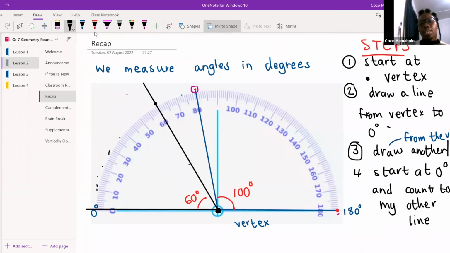So what we do when you're measuring it is pick any one of the lines. Maybe you want to start from this line over here, or from this line over here. What you need to do is put your protractor at the 0 mark on that line, and then measure how far it goes until you reach the other line. That will tell you which angle to write over here.